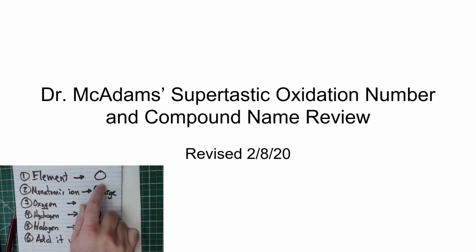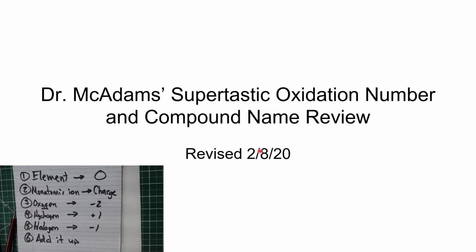If it's an element, it's 0. Monatomic ion, it's the charge. If it's oxygen, it's usually -2. If it's hydrogen, it's usually +1. If it's a halogen, it's usually -1. And that you have to add it up. Usually what you'll do is go through this list in order, always keeping in mind that final rule.